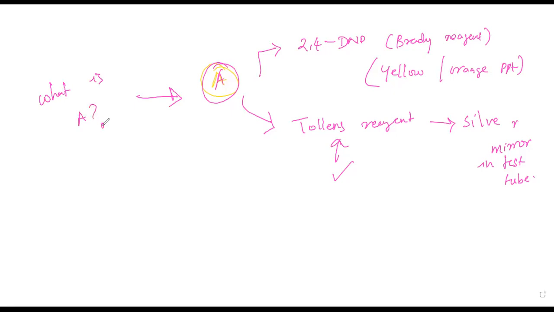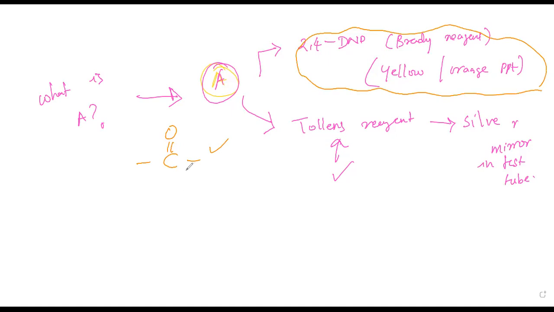The Brady reagent will give yellow or orange color if your compound A contains the carbonyl group. So definitely your compound contains the carbonyl. Now you have to check whether this is an aldehyde or ketone.